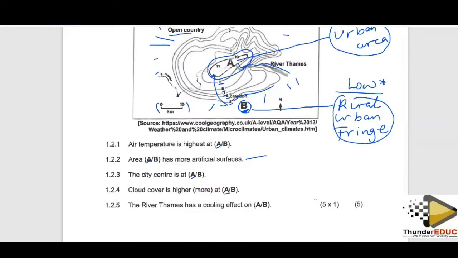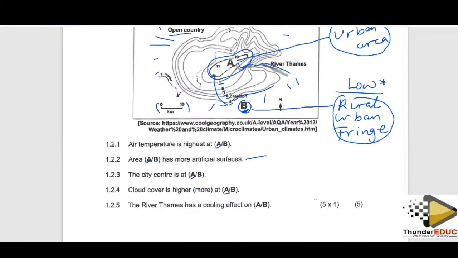As well, we can mention the hygroscopic nuclei in the cities or urban areas, which also contribute to more cloud cover conditions. So that is why we say there will be more clouds in urban areas as compared to the open country or the rural urban fringes.